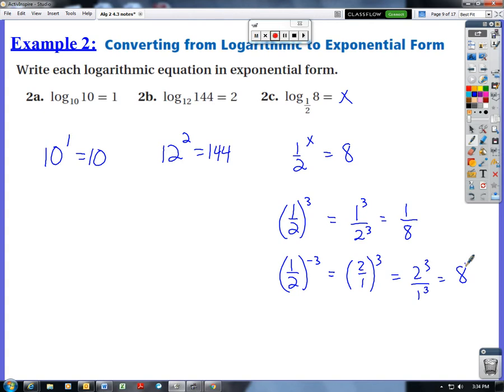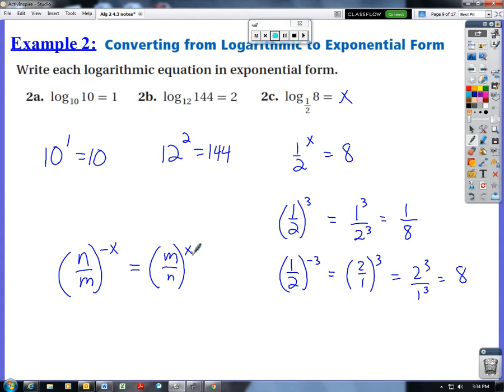So remember, let's make up a little rule: n over m to the negative x is the same as the reciprocal, m over n, to the positive x. It's a really handy property.